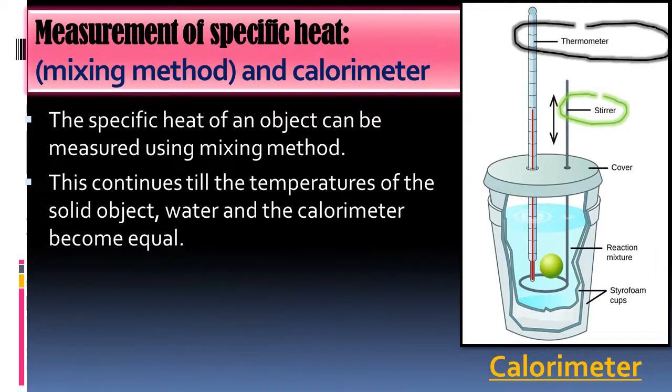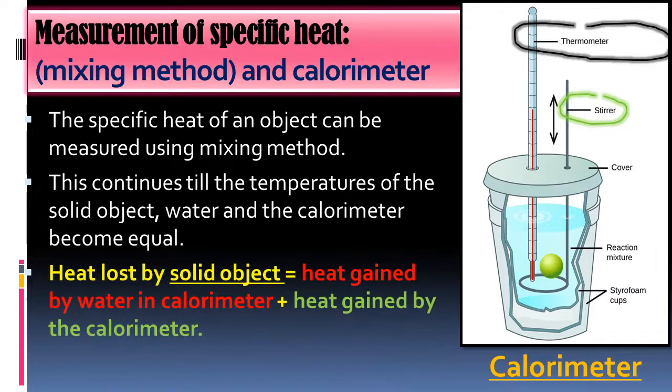This continues till the temperature of the solid object, water and the calorimeter become equal. Therefore, heat lost by the solid object, that means the metallic object, is equal to the heat gained by the water in the calorimeter plus the heat gained by the calorimeter.